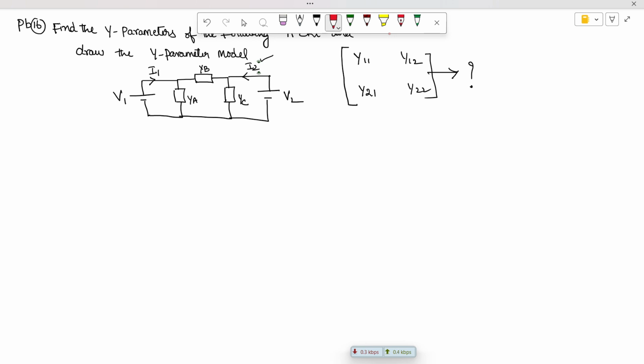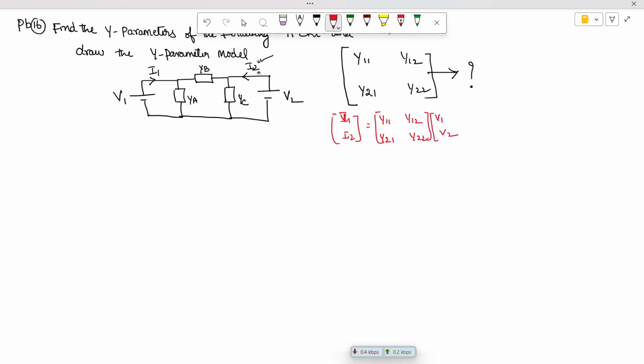Before writing, let's write down the standard form of the equation. [I1 I2] is equal to the matrix [y11 y12; y21 y22] multiplied with [V1 V2].